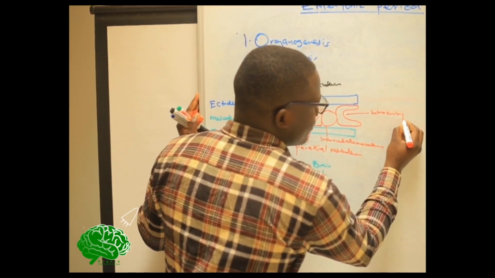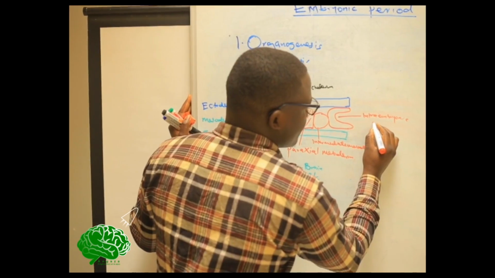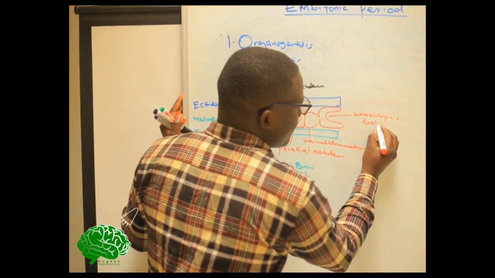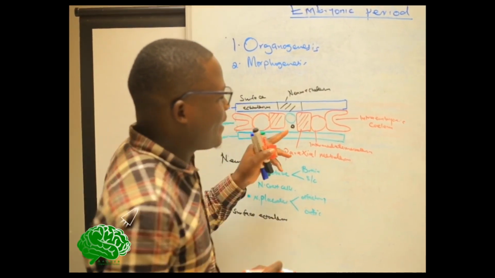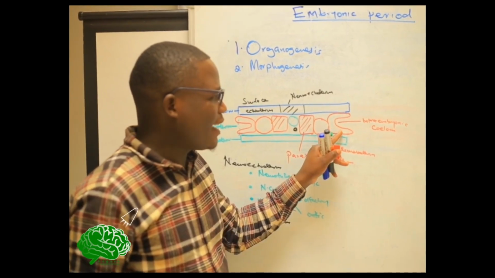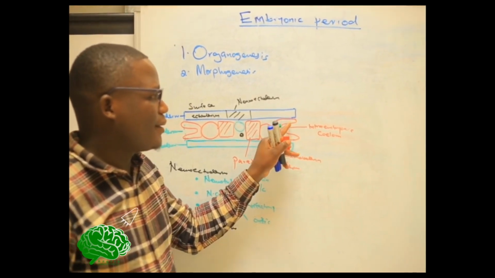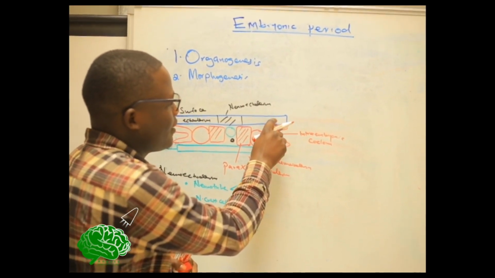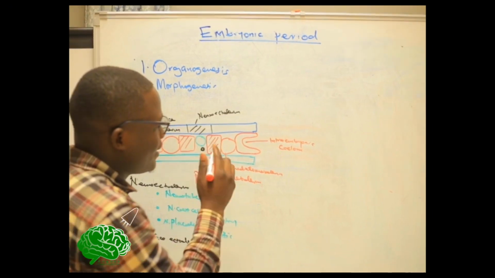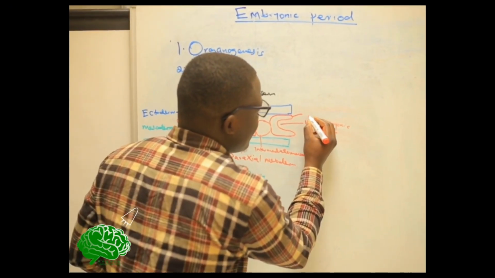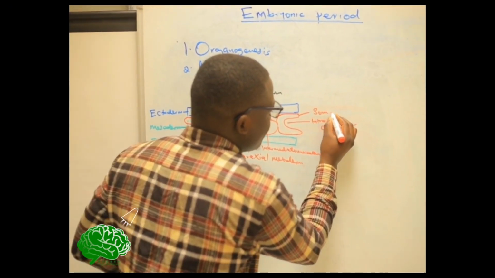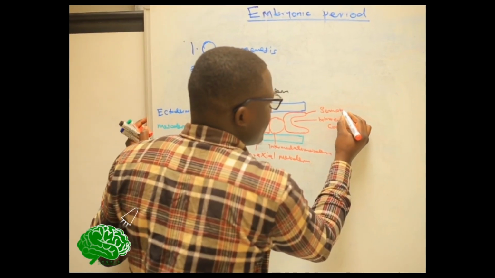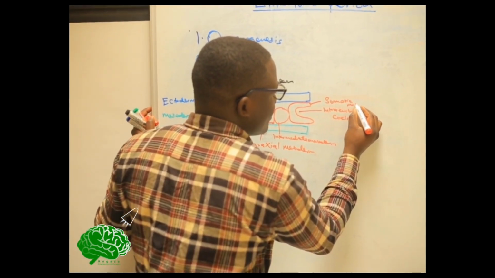we call it intra-embryonic coelom. And then this coelom will divide the lateral plate mesoderm into 2. So we have this part which is closer to the ectoderm, and we term this part as somatic mesoderm.